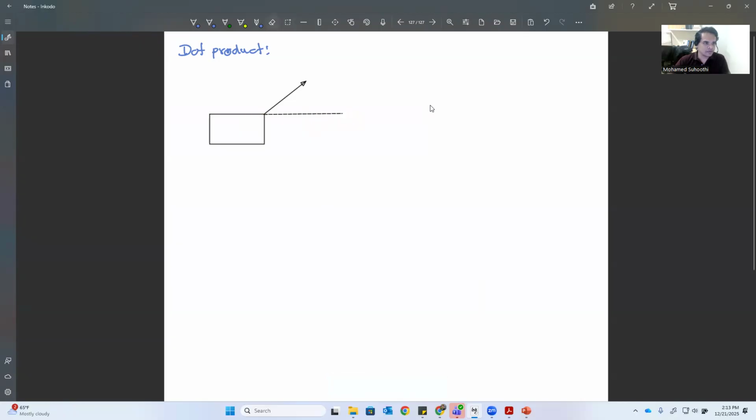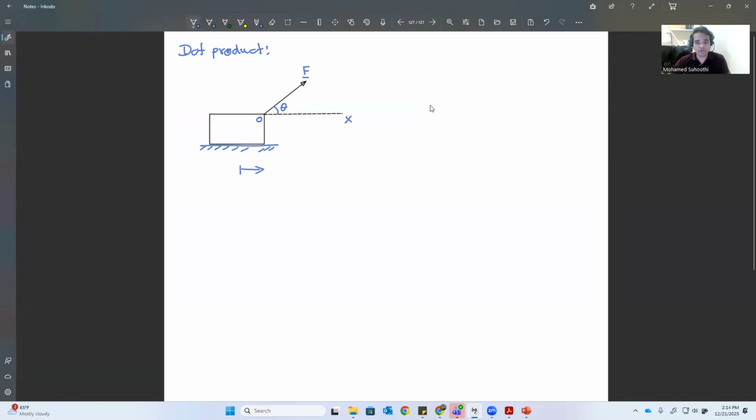Now this is the force, and this force is a vector. Now let's say this angle is theta. Now you move this box along this floor. Let's say this is O, this is X.